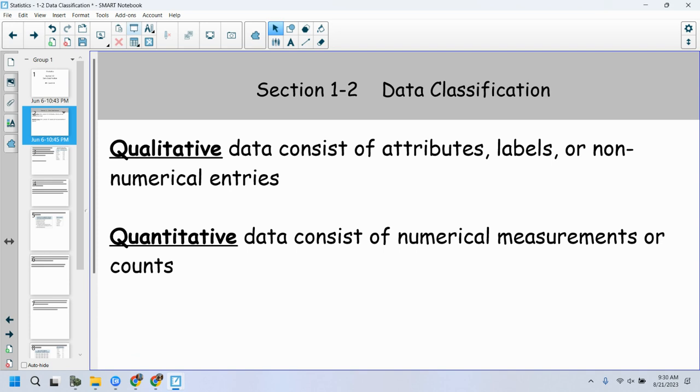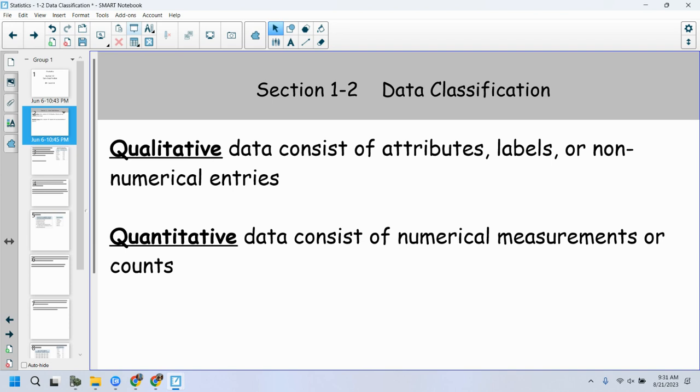Like if I asked you to give me your 5 favorite movies, qualitative data. If I said, give me the names of your siblings, qualitative data. Give me the types of pets that you have, qualitative data. Non-numerical. That's the way to think of it.